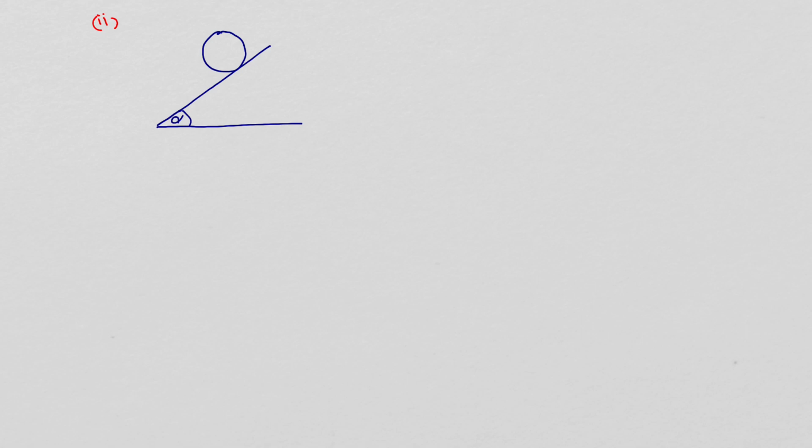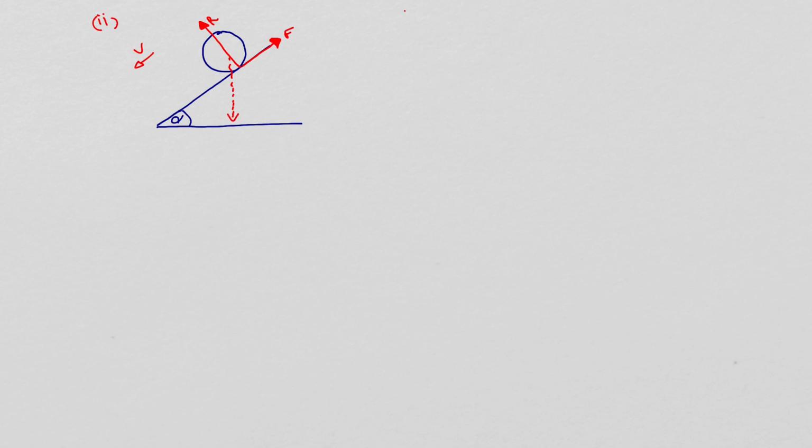So if we mark in our forces, we know that it's a rough plane. So if it rolls down the hill, we're going to have friction in the opposite direction. So we have linear velocity in that direction. We then have contact point, so therefore we're going to have normal reaction. Weight, obviously, is going to act in a downward direction.